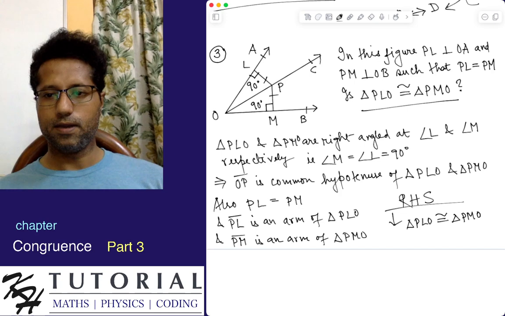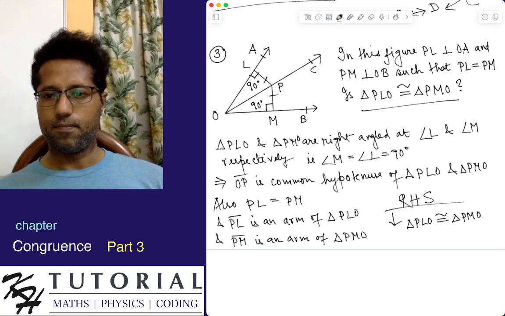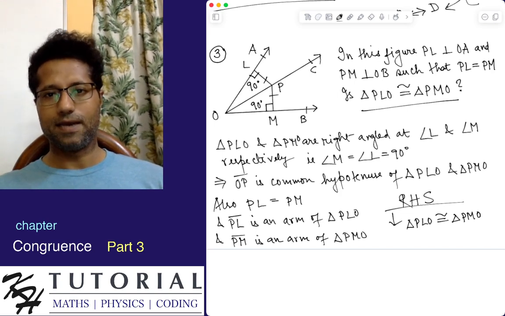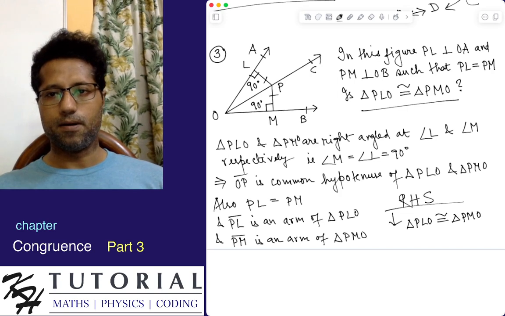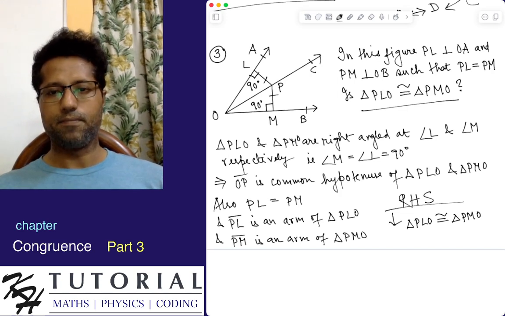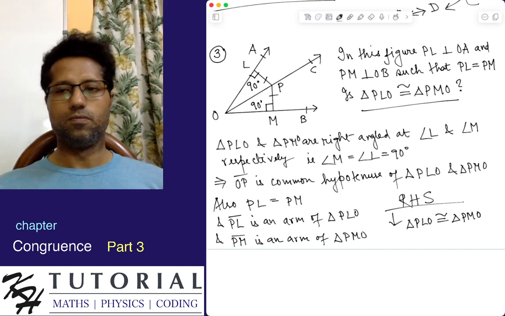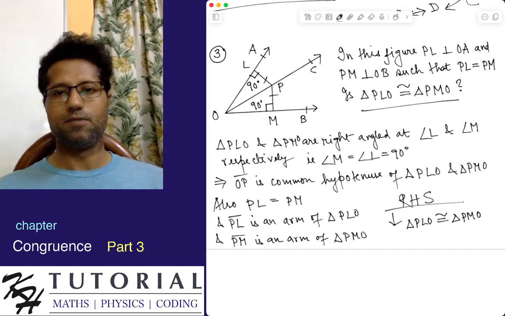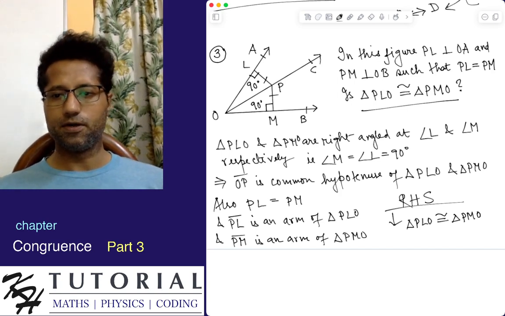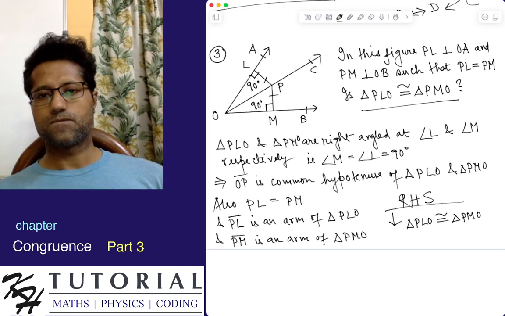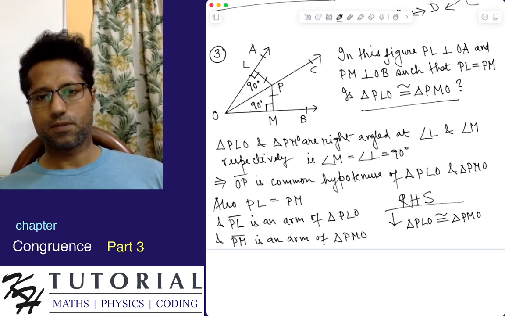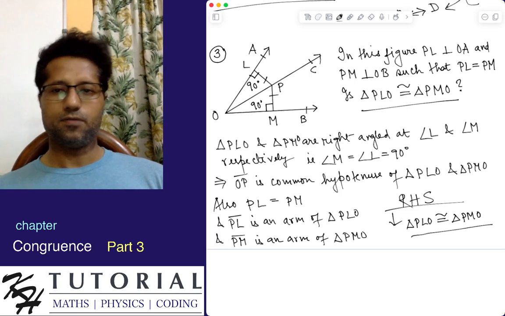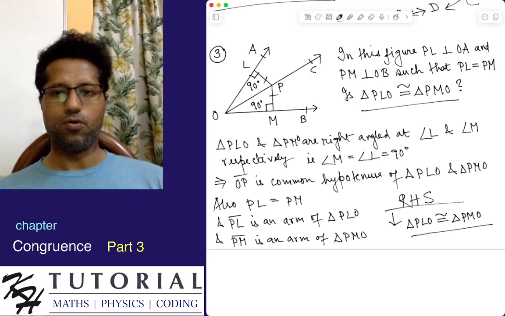P goes to P, and angle L and M must correspond, because angle L in triangle PLO is a right angle, and angle M in triangle PMO is a right angle. So L corresponds to M, and the remaining vertex O is also common. So this naming convention is correct: triangle PLO is congruent to triangle PMO.